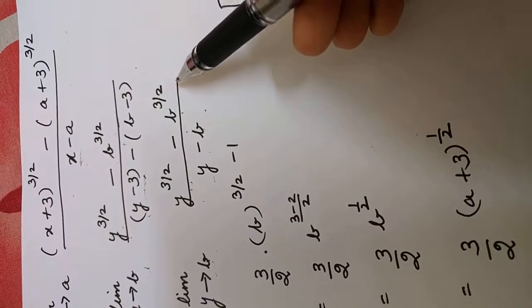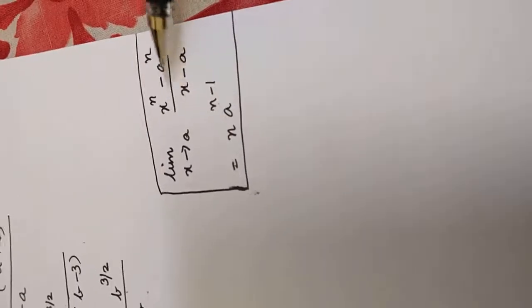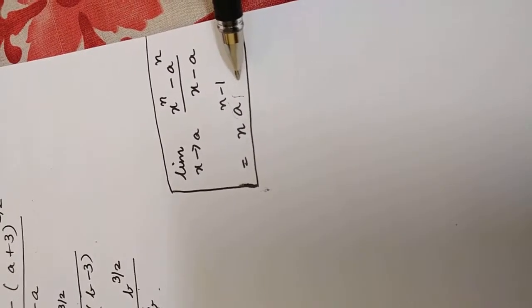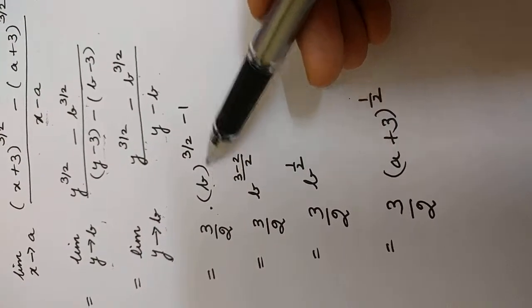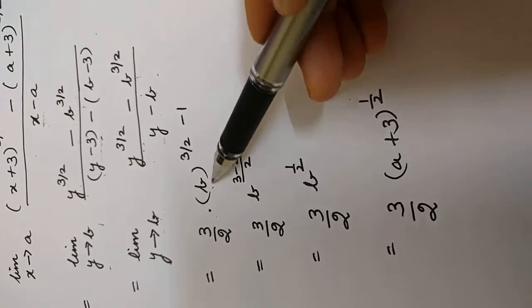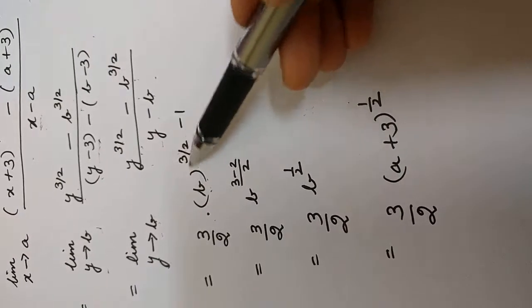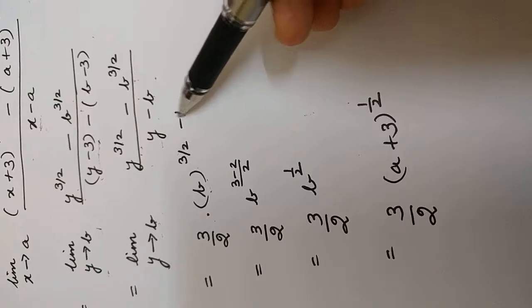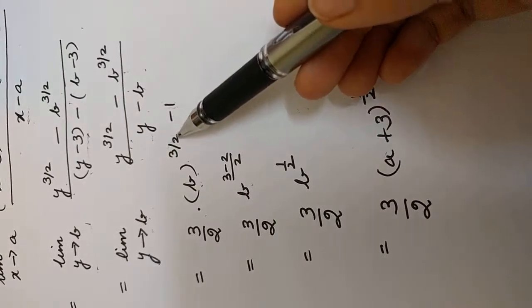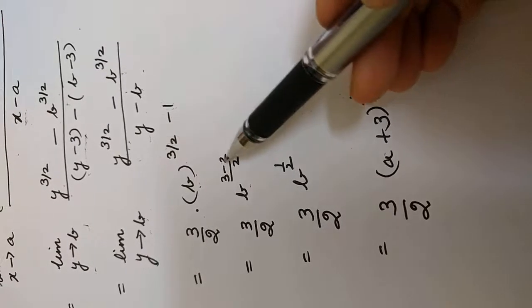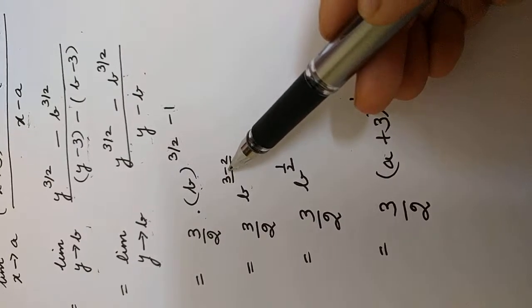Again we can simply apply the formula n into a to the power of n minus 1. Here n is 3 by 2, a is b, so it's 3 by 2 times b to the power of 3 by 2 minus 1, which is 1 by 2.